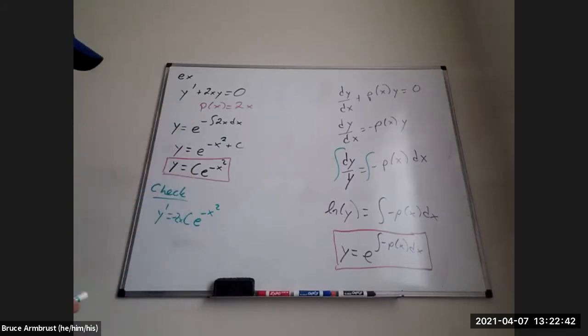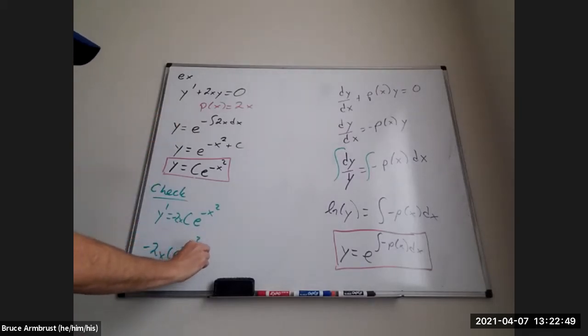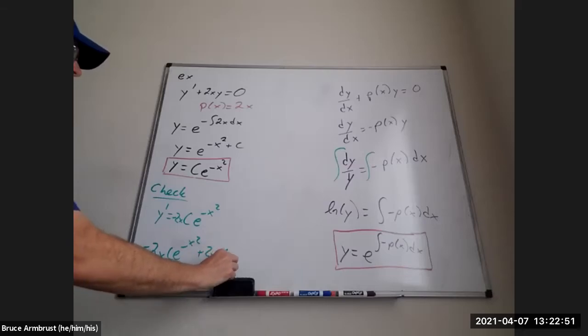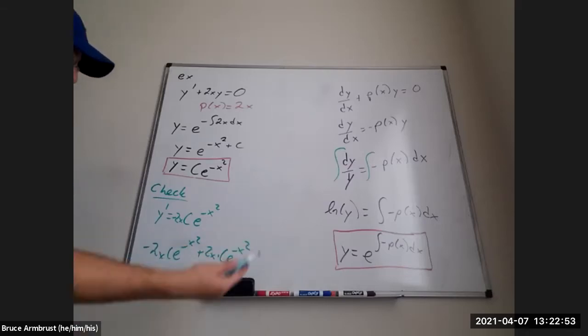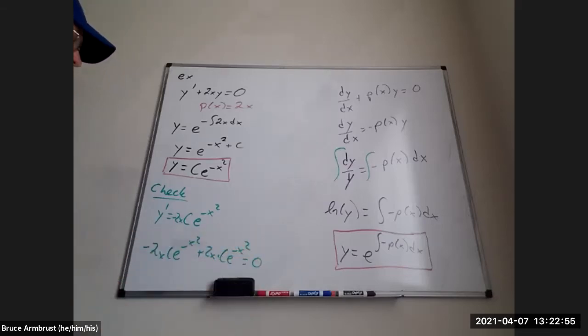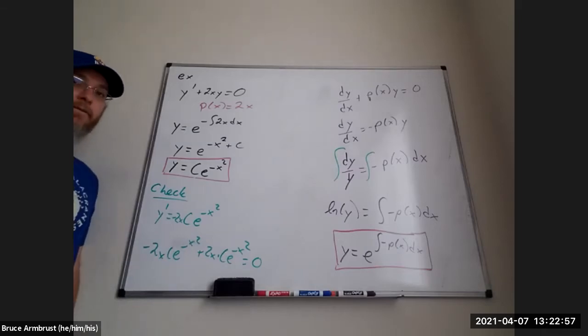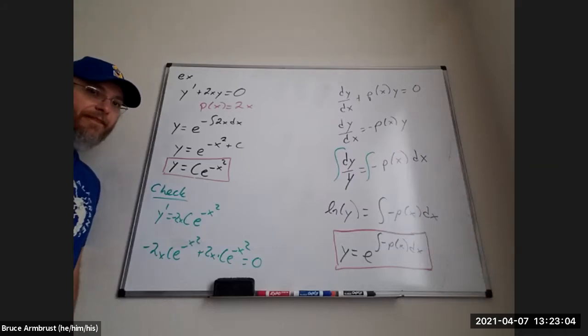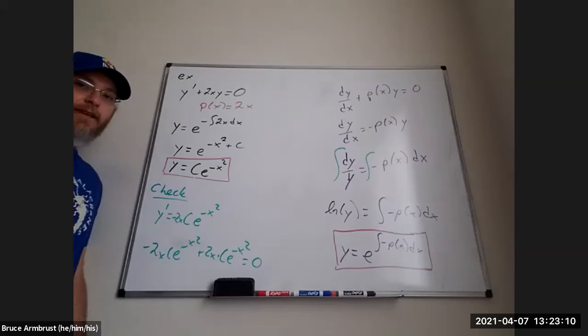All right, well, if you plug that into the differential equation, so we get minus 2xc e to the minus x squared plus 2x times c e to the minus x squared. And it certainly doesn't take long to see that that equals 0. All right, there you go. That's literally it. All you have to do to solve these.